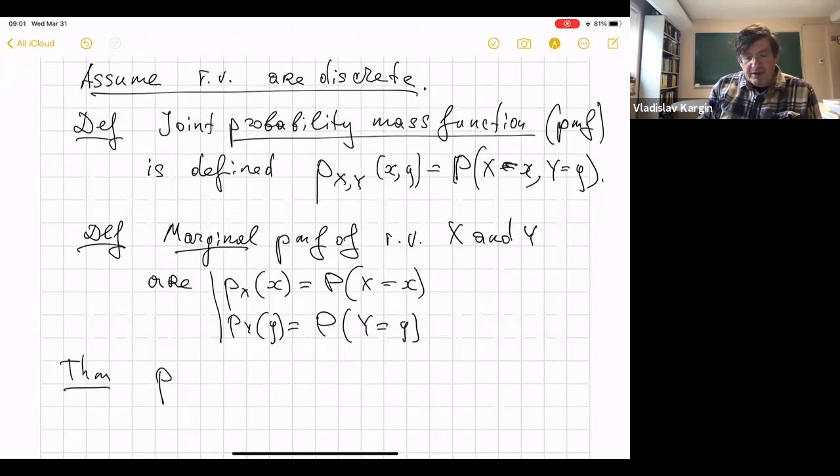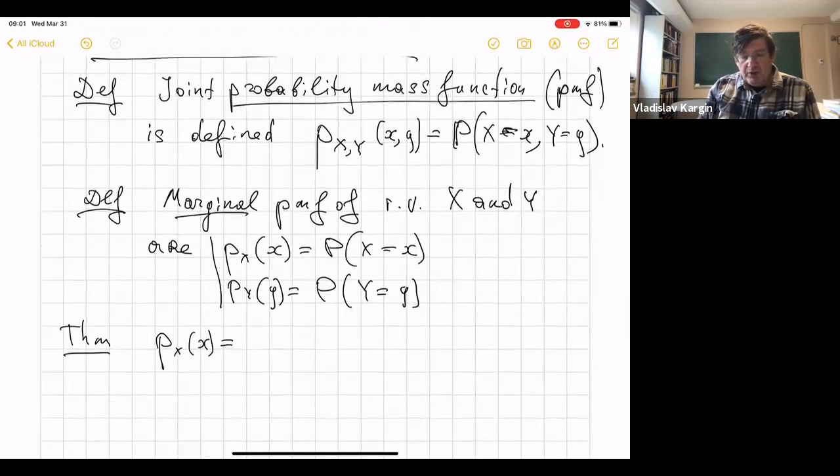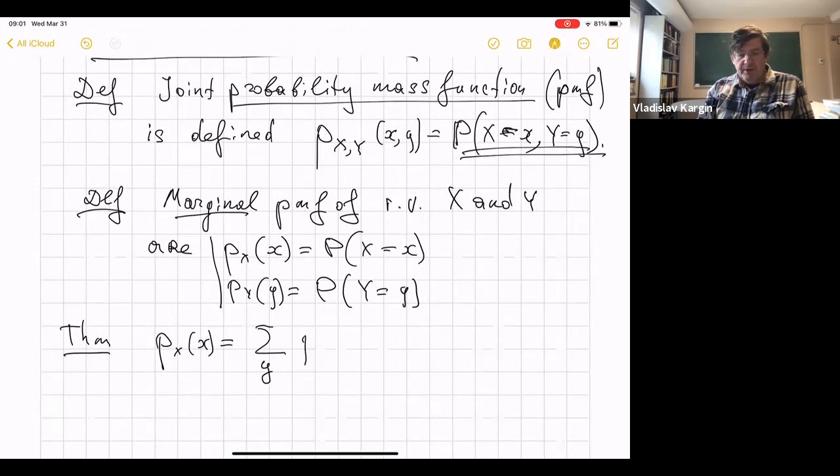P_X(x) is equal to, okay, if you want to figure out the probability that X is equal to x, and we are given all the probabilities of this type, then we sum over all possible y values. So here we'll have a sum over all possible y's of P_XY(x, y).